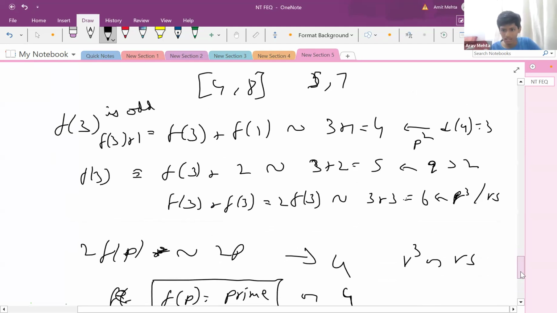So again, how did we get f of 3 is odd? We found that f of 5 is a prime, hence f of 3 plus 2 is a prime, and hence f of 3 is odd.